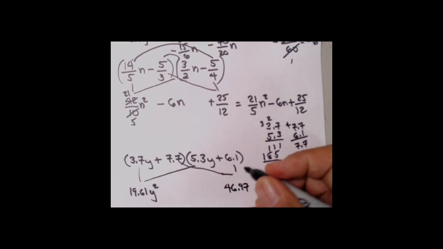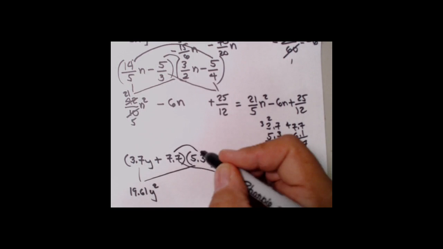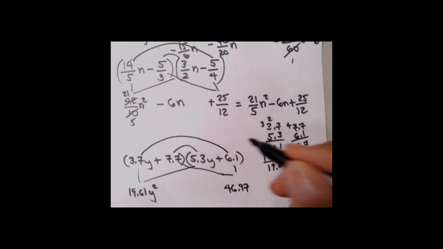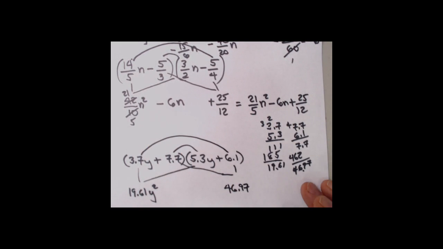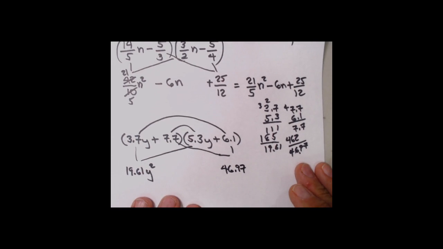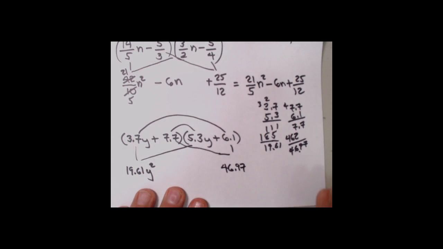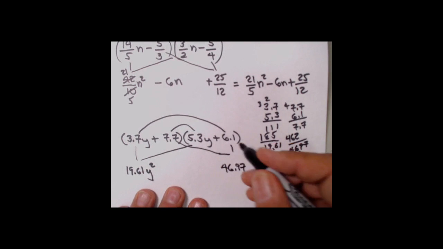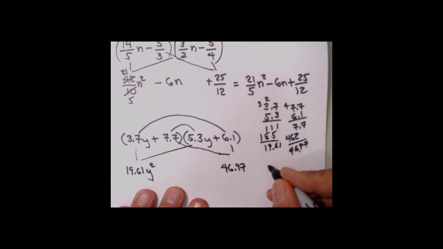Okay, lastly, the 2 rainbows. Here they go. And once again, we're going to need to do a little bit of math. On the big rainbow, I get plus 6.1. They're all positive. Okay, so 6.1 times 3.7.